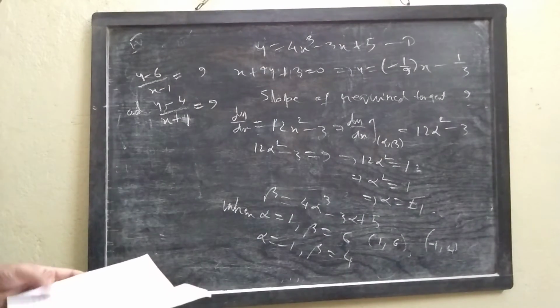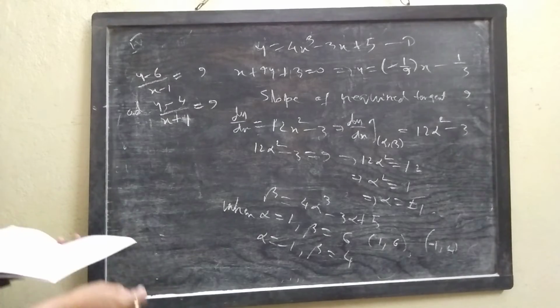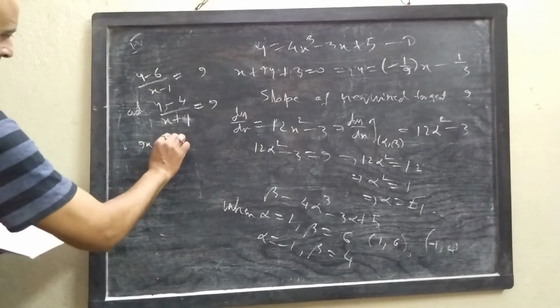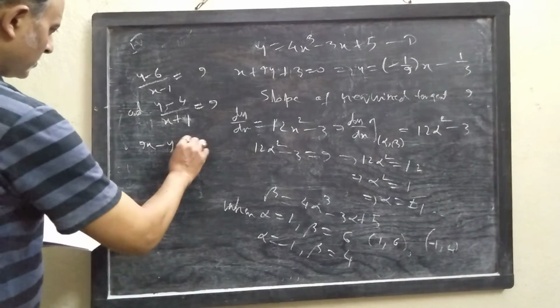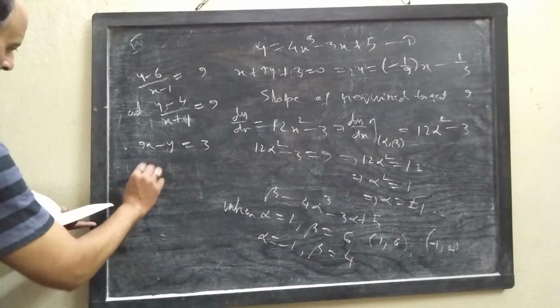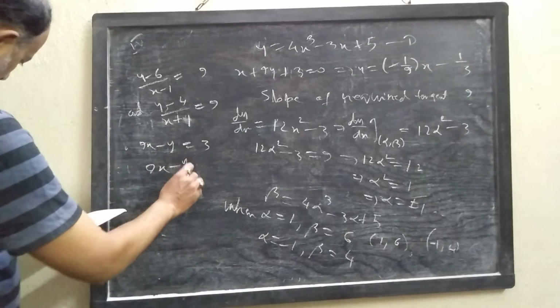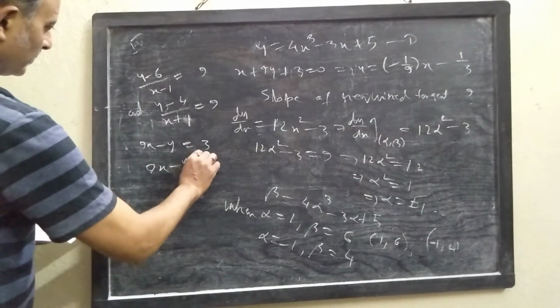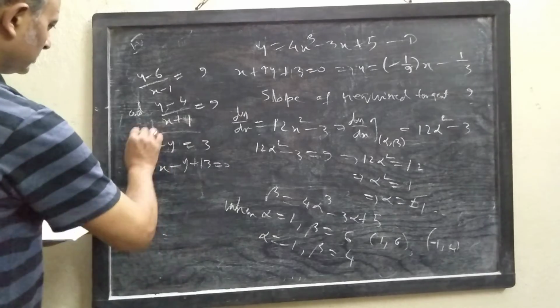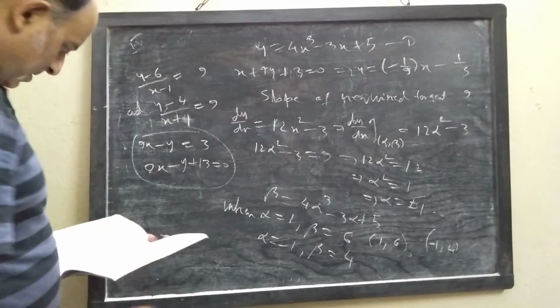Simplifying this, you get the equations as 9x minus y equals 3, and the other one will be 9x minus y plus 13 equals 0. These are the equations.